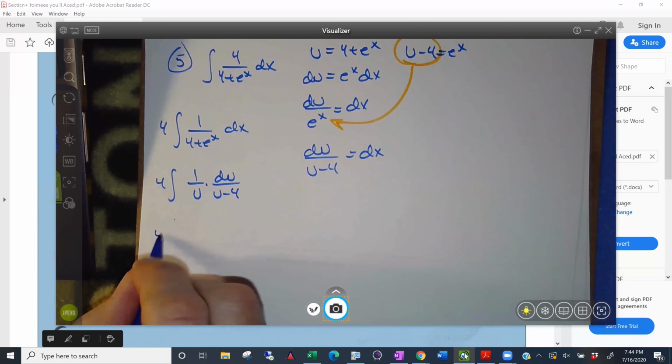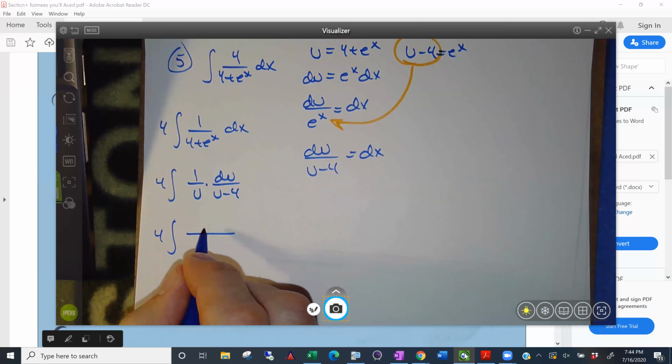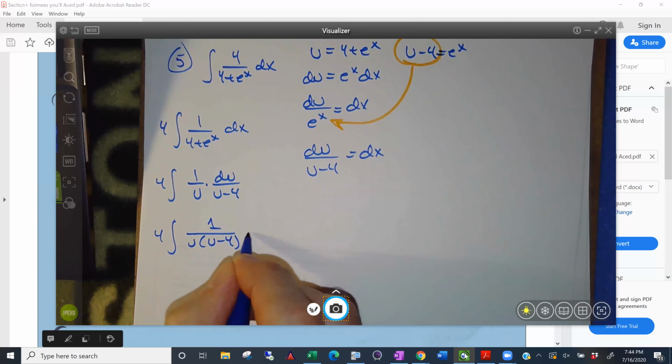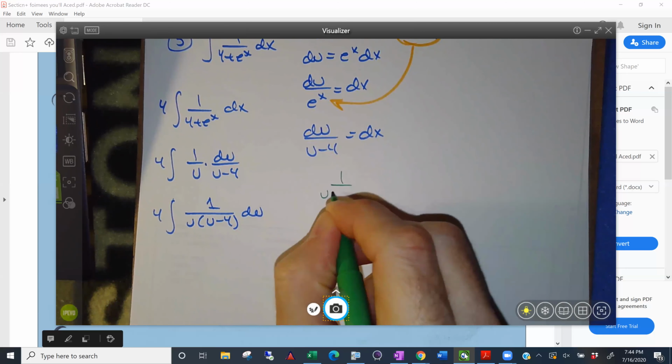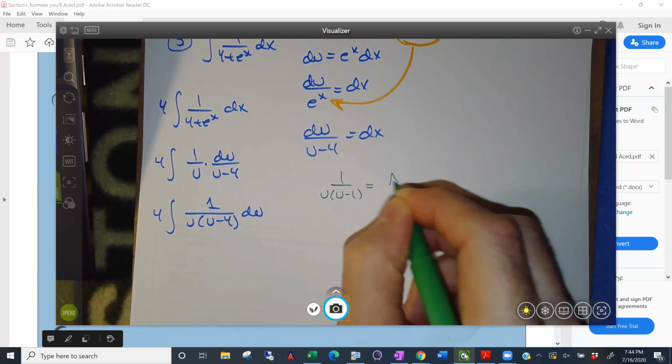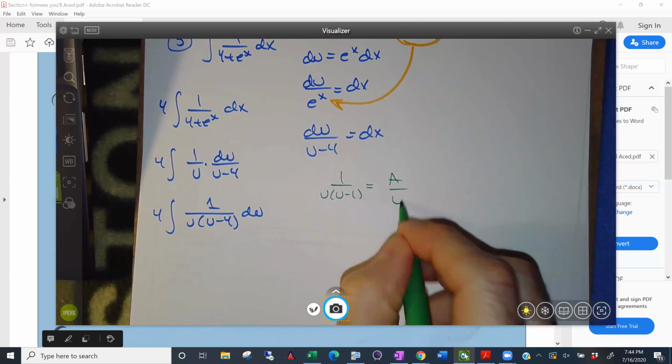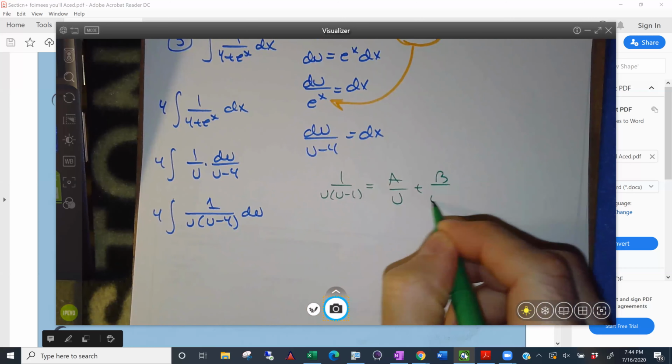Now I'll keep that 4 out in front. Just write it like this: 4 times the integral of 1 over u times u minus 4 du. And it seems like it's gotten no better at all. It seems like it's a big mess. But there's actually stuff that we can do on this one, and that is, we can do partial fraction decomposition. Let's let 1 over u times u minus 4 equal A over this term plus B over this term.